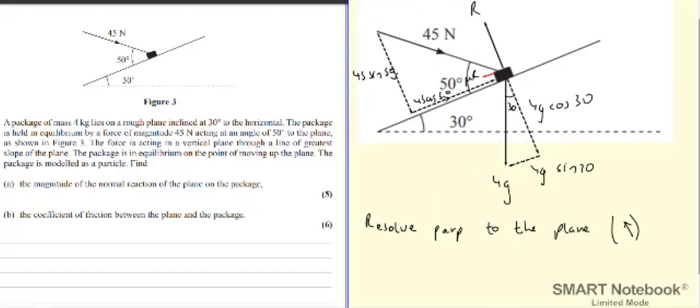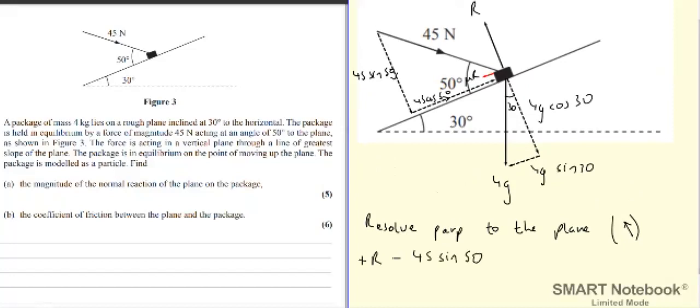Okay, it's in limiting equilibrium. So upward forces are going to equal downward forces perpendicular to the plane. That's what I mean. So we've got R, that's positive. This 45 sine 50 is negative because it's pointing perpendicular and down the plane. So minus 45 sine 50.